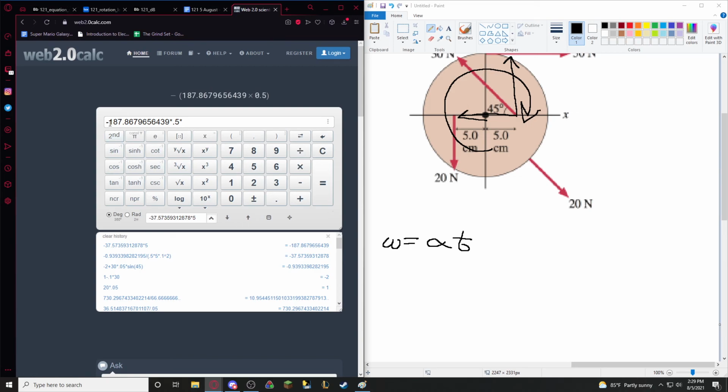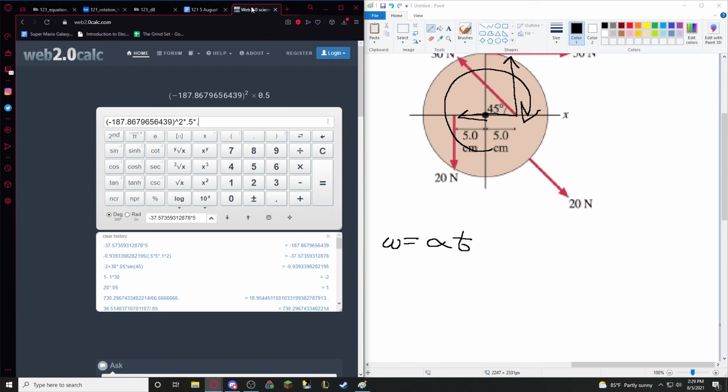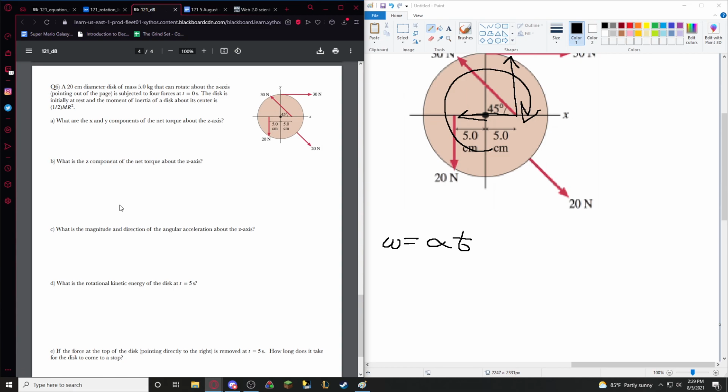Well, I mean, it's this squared, times 1/2 times the moment of inertia, which the moment of inertia itself is 1/2 times the mass times radius squared. So we get about 441 joules of rotational kinetic energy.